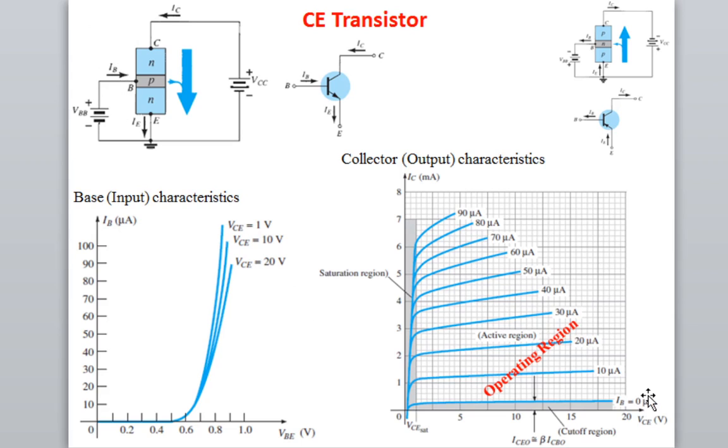For IB equal to 0, if you increase the collector voltage and measure the collector current, the characteristics curve will come like that. Very little current is flowing, and this saturates after a certain voltage and is nearly constant up to a very high voltage.